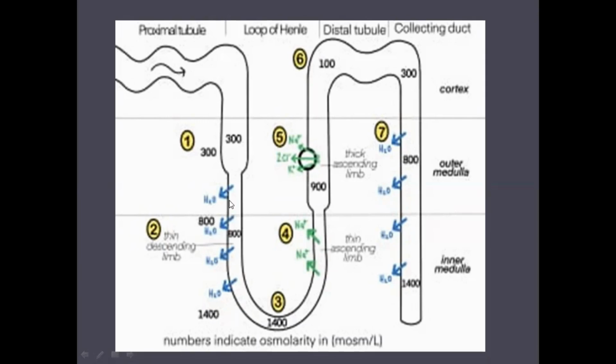And as we know, our osmolarity is dependent on solute. So whenever there are equal amounts of water and solute, the osmolarity is equal, 300. However, as the fluid passes down the loop of Henle, water is moving outside the lumen into the interstitium.